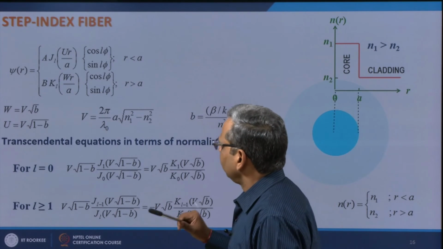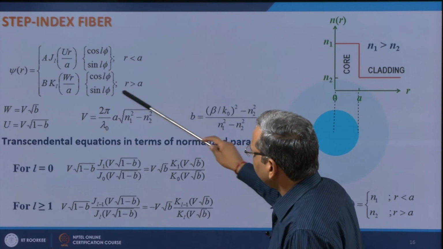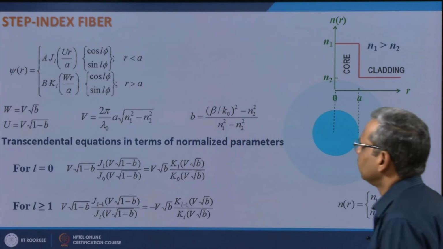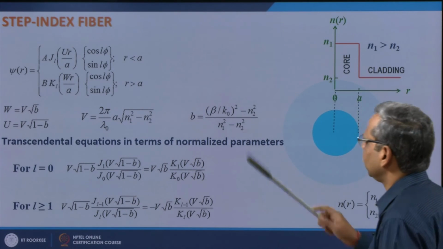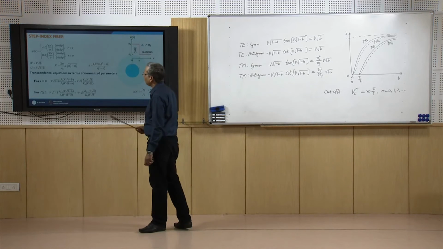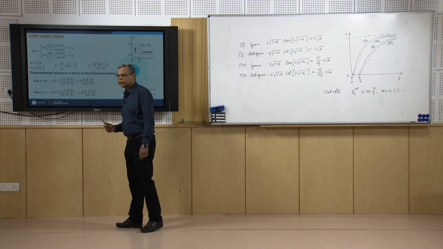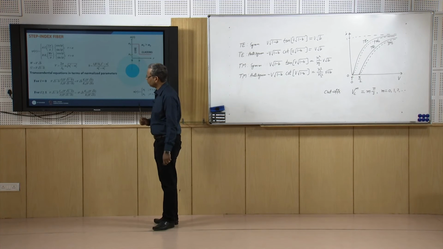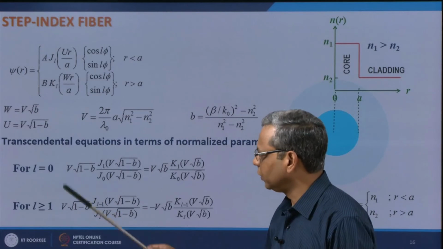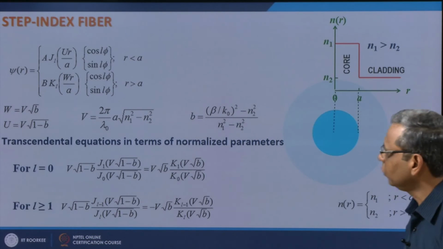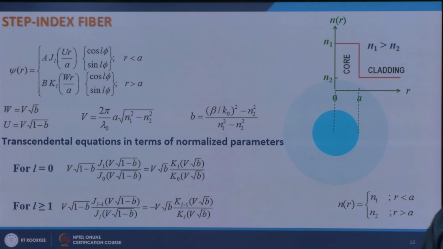Then we defined the normalized frequency and normalized propagation constant and worked out the transcendental equations for different modes corresponding to l equal to 0 and l greater than or equal to 1, because now I have phi directions.